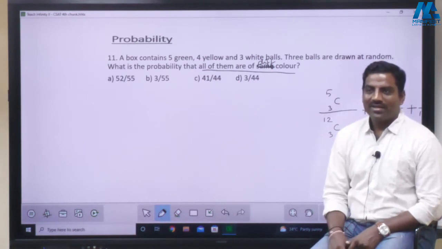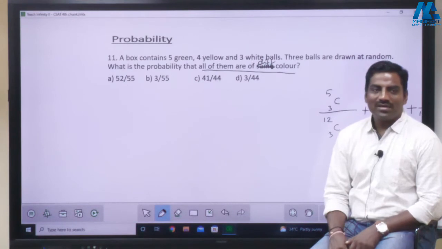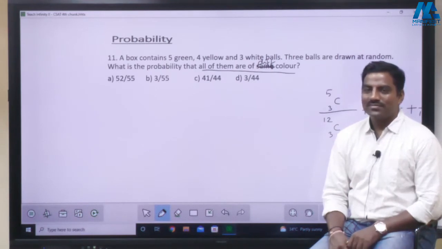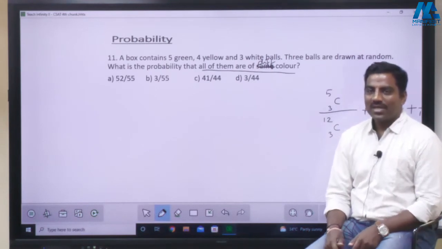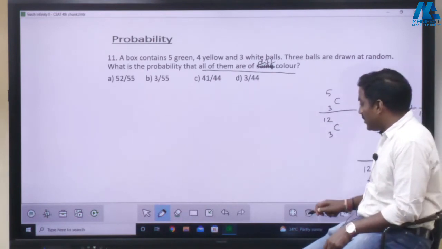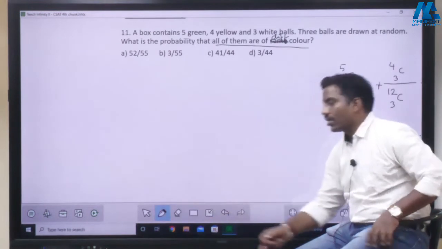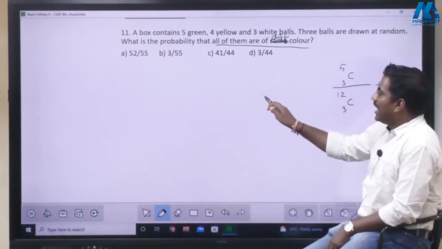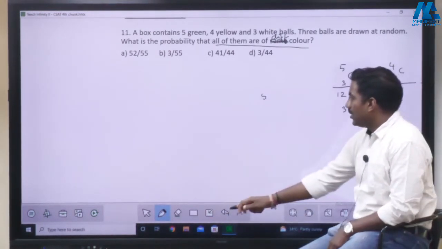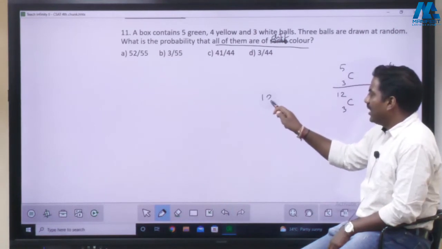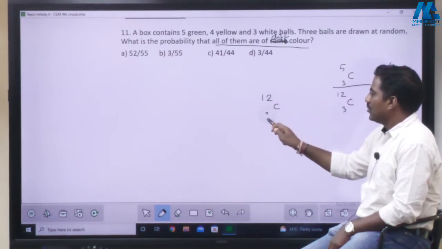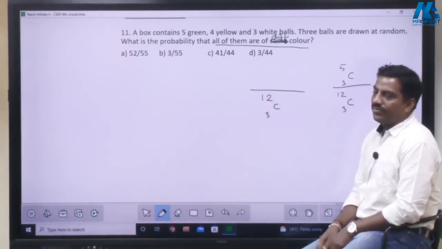Okay. Fine. Now, I'll write the expression. Anyways, I am picking how many balls out of 12? 12C3. Correct?